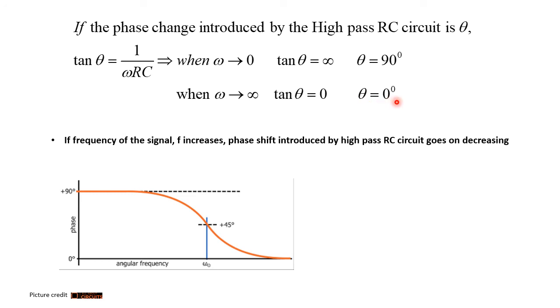Hence the general conclusion drawn from all this discussion is that when the frequency is very low, the output signal is very weak, or the output voltage is very small, and the phase difference between the input voltage and the output voltage is 90 degrees.